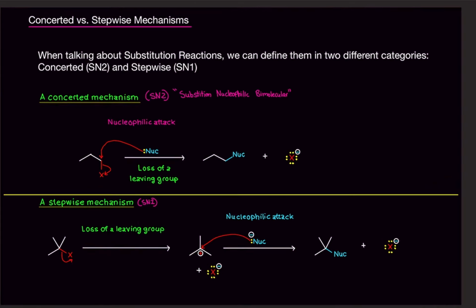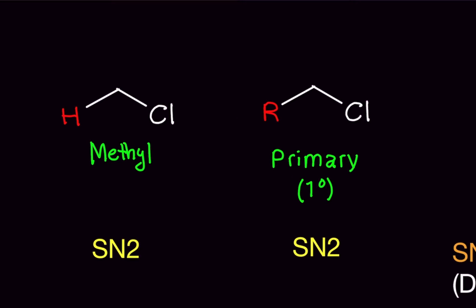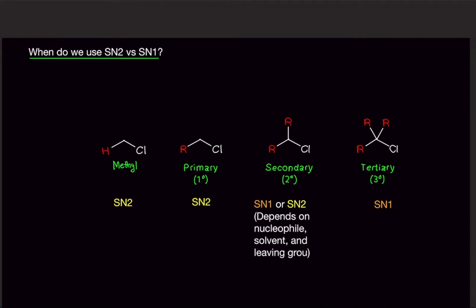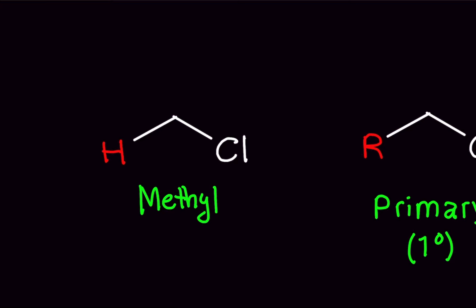All right? So when do we use Sn2 and Sn1? Well, when our alkyl halide, so these are alkyl halides, when it's a methyl alkyl halide, for example, this is a carbon right here. So this is the alpha carbon.